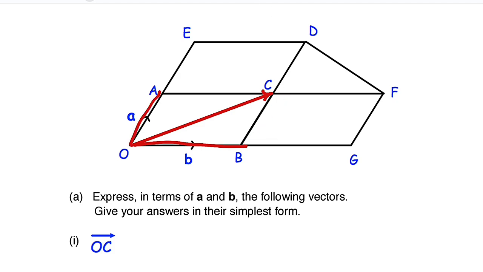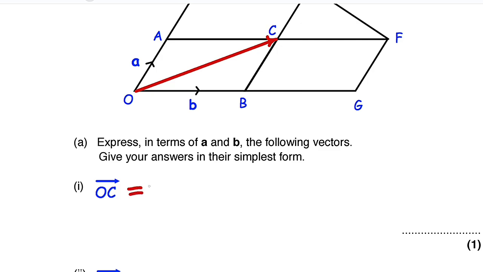Or you can follow here, then here, provided you're going from O to C. So what if I decide to follow this direction, then follow this direction? You can see from O to B is B, then B to C is A, because BC is parallel to OA, right?